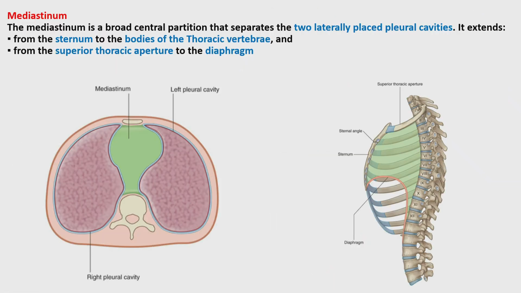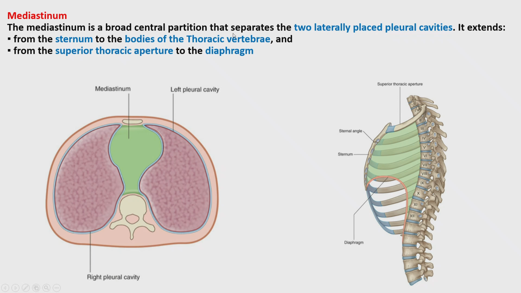About the mediastinum, we had this lecture in winter semester. I just put it here for revision. As we said, it is the sagittal space between the 2 pleural cavities, left and right. What is the superior border of the mediastinum?